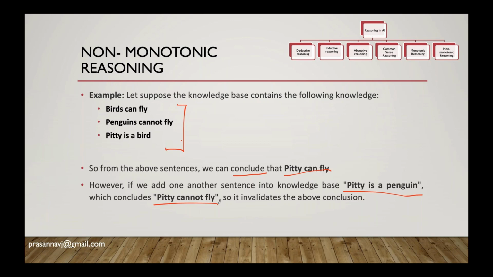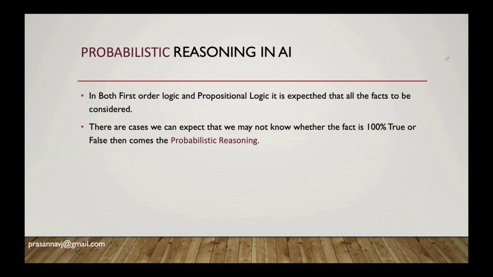So we looked at deductive reasoning, inductive reasoning, abductive reasoning, common sense reasoning, and monotonic and non-monotonic reasoning. So these are multiple reasoning approaches by which your AI agent can understand very well what is going on. Okay. So all the reasoning approaches that we looked at were based on facts.